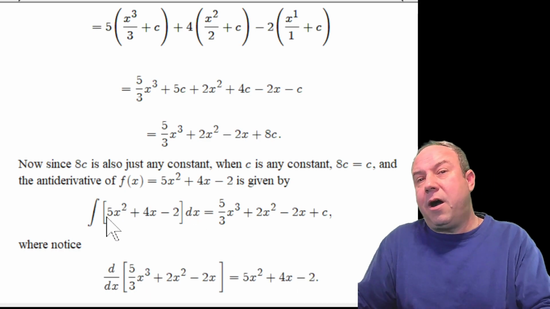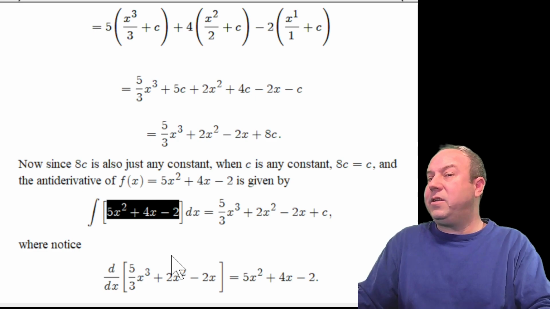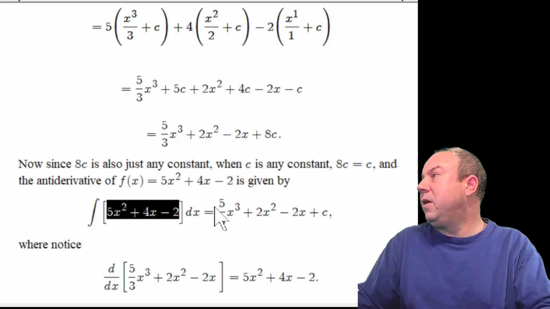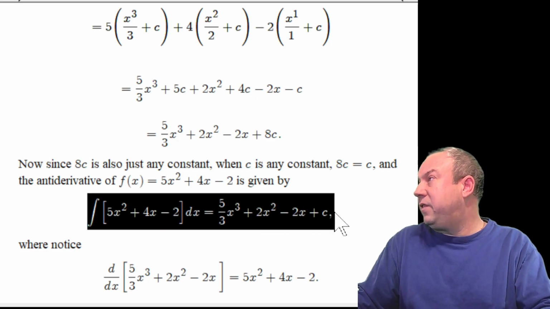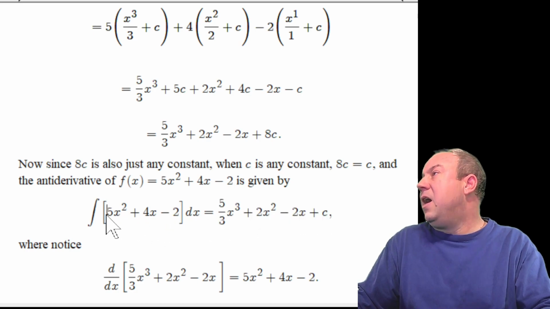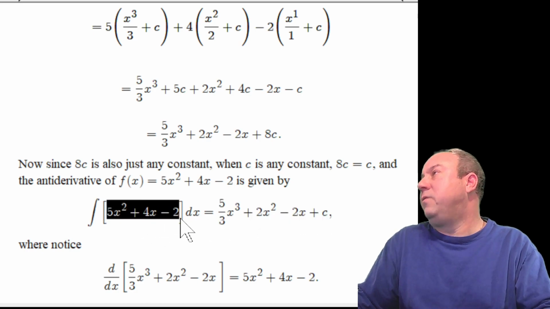Right? The argument of our antiderivative. That's what makes this the antiderivative of the function 5x squared plus 4x minus 2.